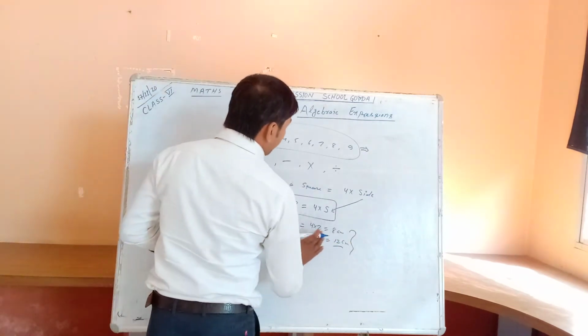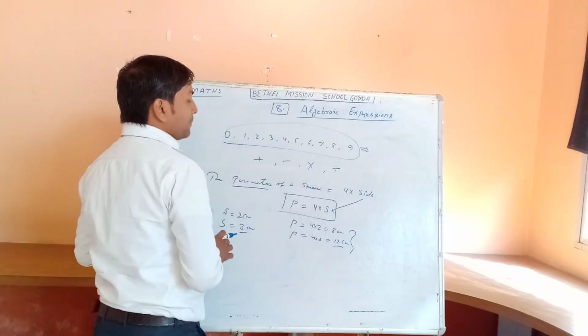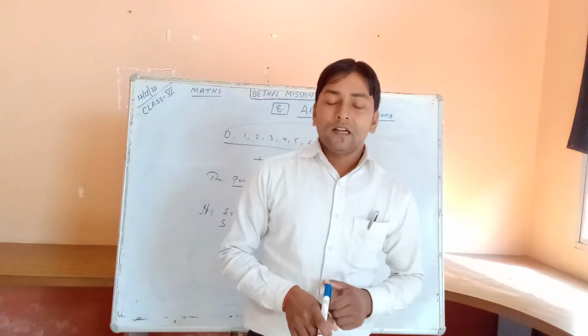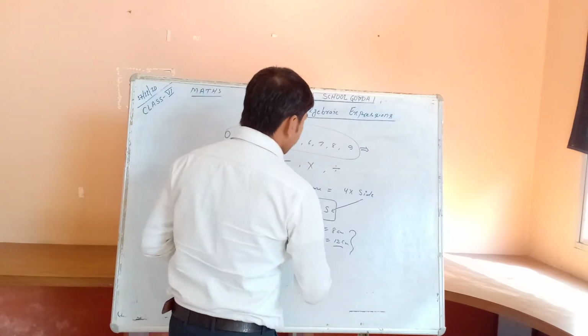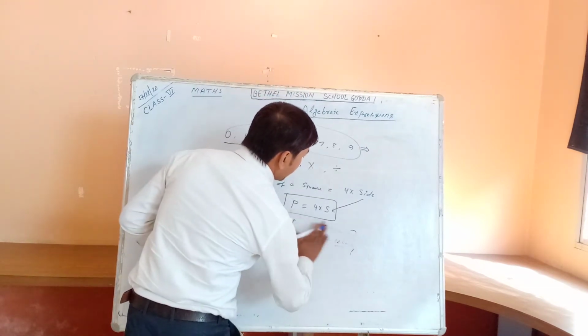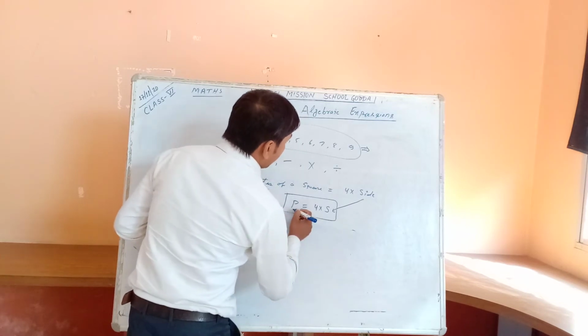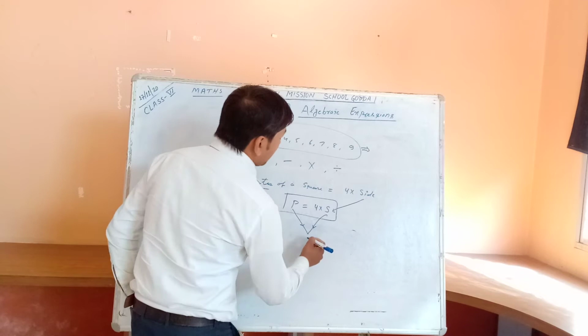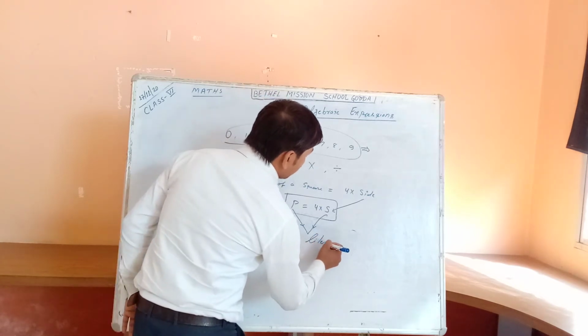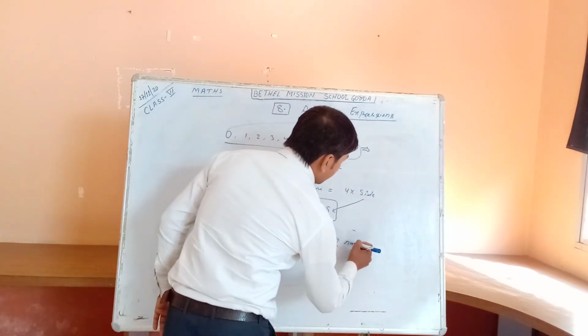So P and S also represent numbers, and these are called literal numbers. P and S represent a number, that is called a literal number.